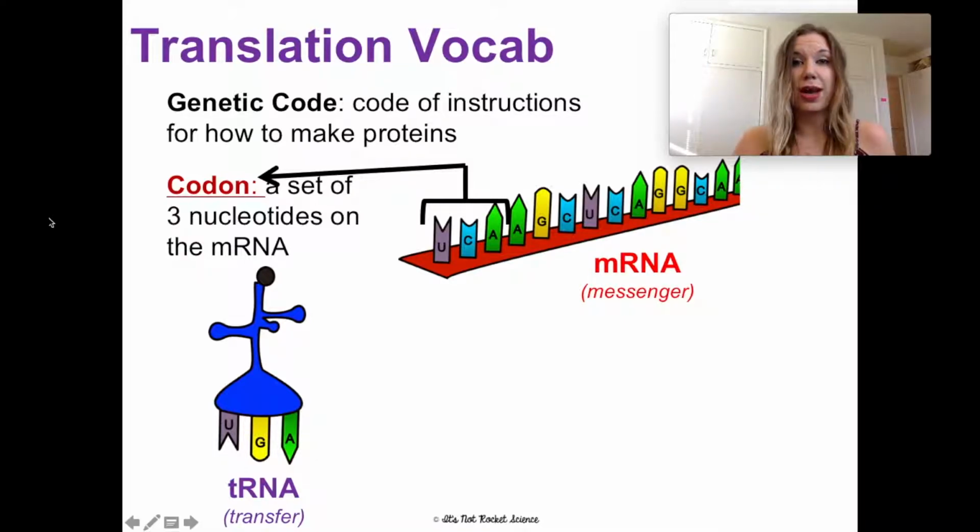Each amino acid will have a specific sequence of mRNA nucleotides that will code for that amino acid. So for example, if we're looking right here at this codon, UCA, only one amino acid will be coded for if we encounter the sequence of UCA.